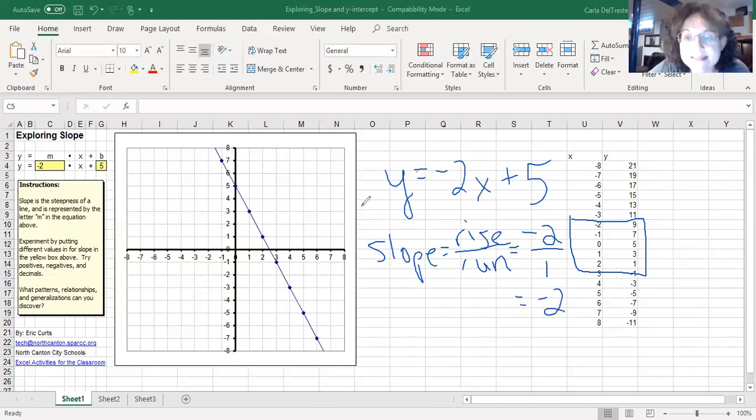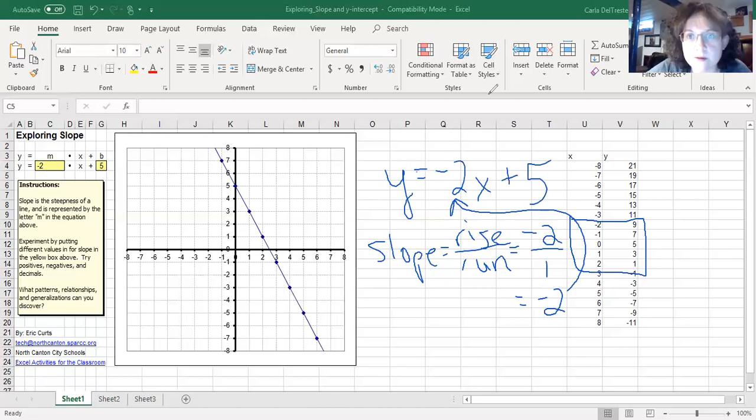Where else do I see a -2 in the formula? I see a -2 right here as the coefficient on x. That tells me that that is my rate of change. That is my slope. It is going to be whatever is being multiplied by x.